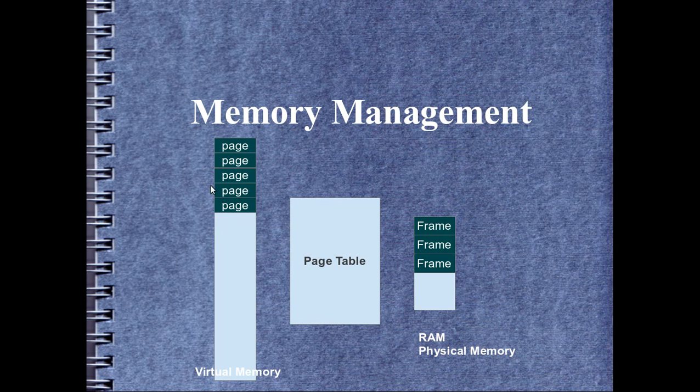The main objective is that we can run applications the size of which is more than the actual physical memory size. We have 4 GB of RAM, and we can run applications that may require around 10 GB of memory. So how does the operating system handle it?